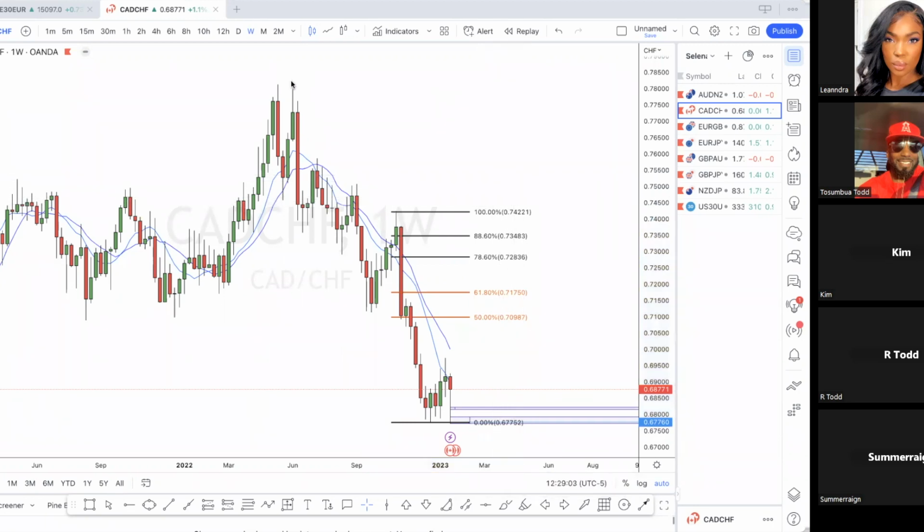But it looks like to me, from what I've seen about those pairs, is that they can take a few weeks to materialize a full move. So I think it's still buying because it's still got momentum from last week with that bearish candle. So I've still got it set up for a buy.